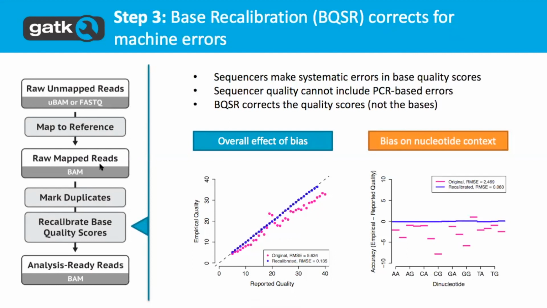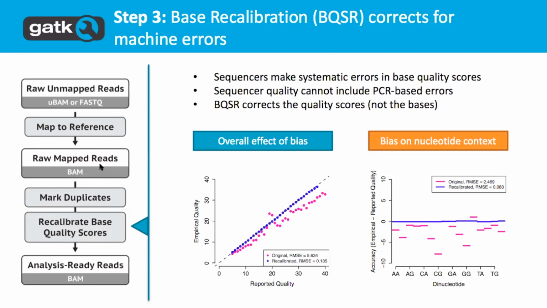And the final step of this process is to fine-tune the base quality scores. Why do we do that? Your variant calling pipeline heavily depends on the quality of the bases called by the sequencer. Any errors that the sequencer might have added to your quality scores will get used by the variant caller irrespective, so you want to clean up those quality scores.